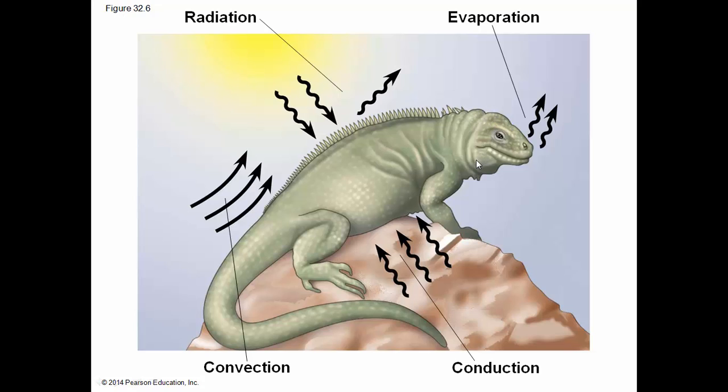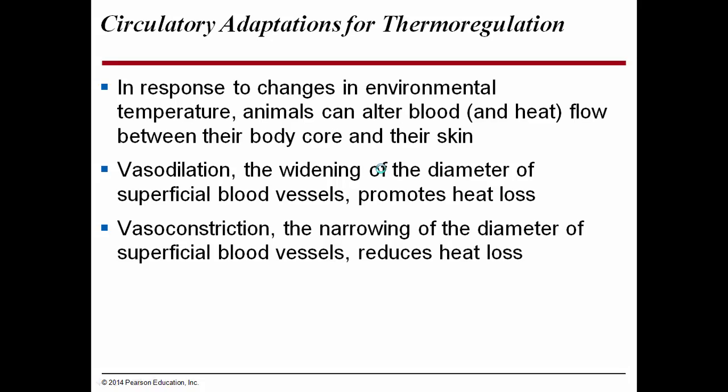Iguanas don't really sweat, but if it got rained on, or swam in the ocean, that water would evaporate, and that evaporation would cool the iguana. And then there's radiation from the sun. So these are ways that an organism can get heat to help it thermoregulate.